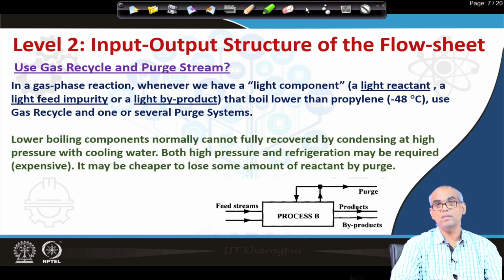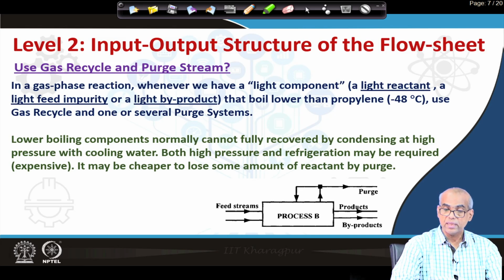Lower boiling components normally cannot be fully recovered by condensing the stream at high pressure with the available cooling water.